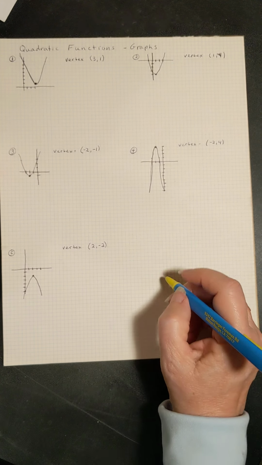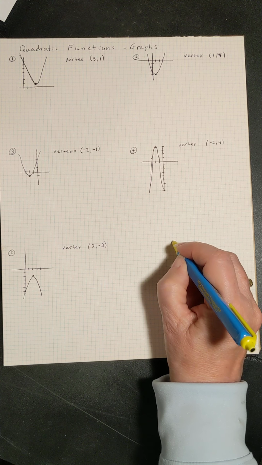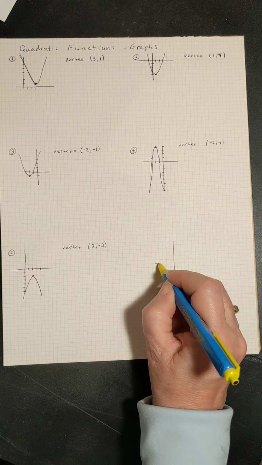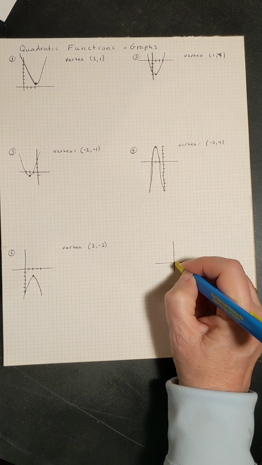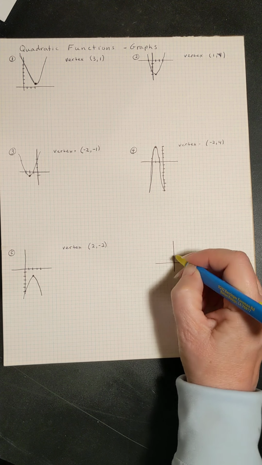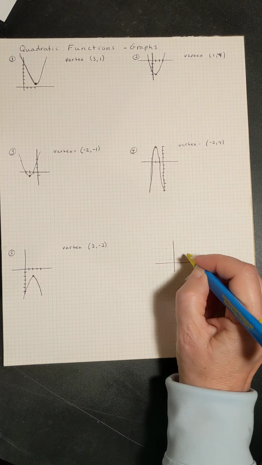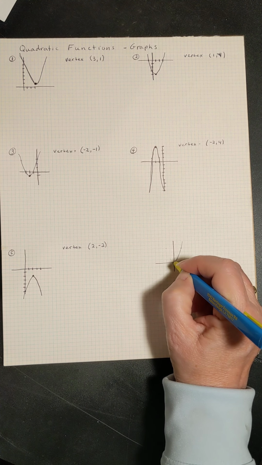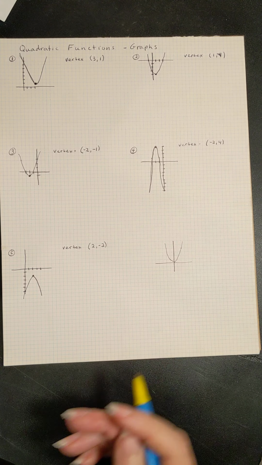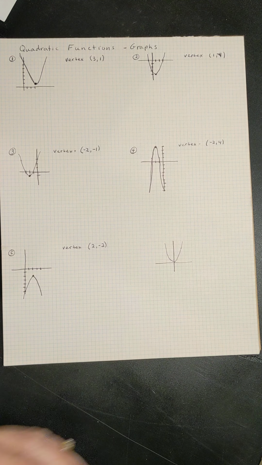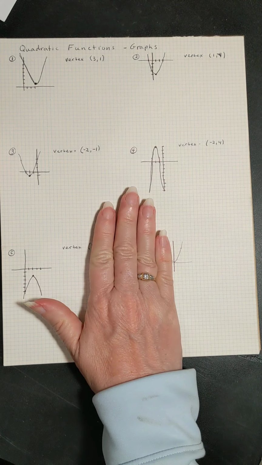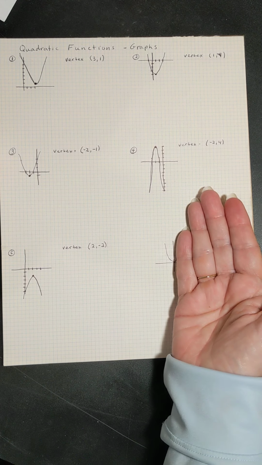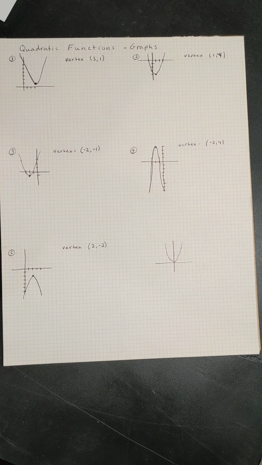Now, when I am looking at a regular parabola, and this is why I left this space blank here, if I'm looking at one of my parent graphs, it looks like this. And notice that we talked about the axis of symmetry, although we didn't really call it that, but we said that this graph was symmetric about the y-axis, all right? Because this part of it looks the same as this part of it.